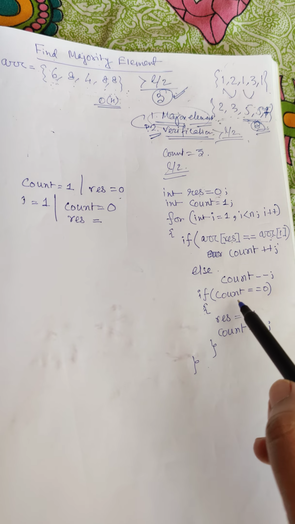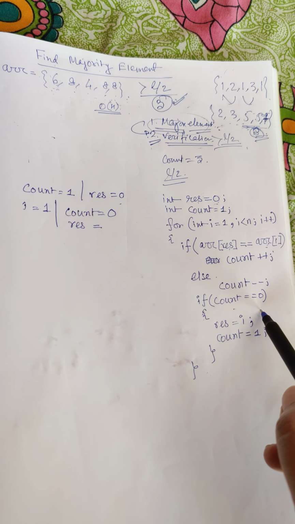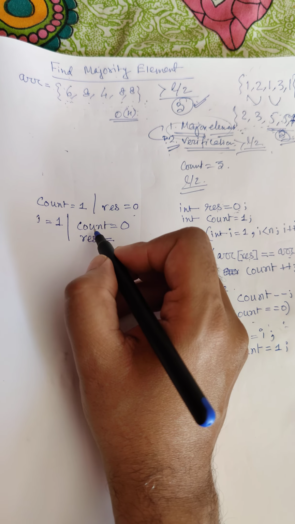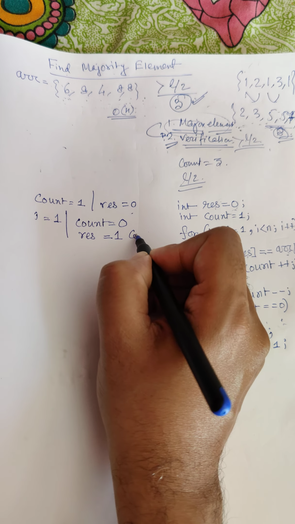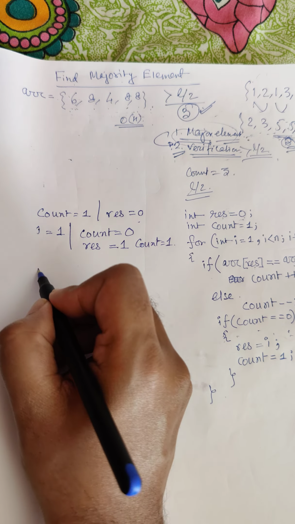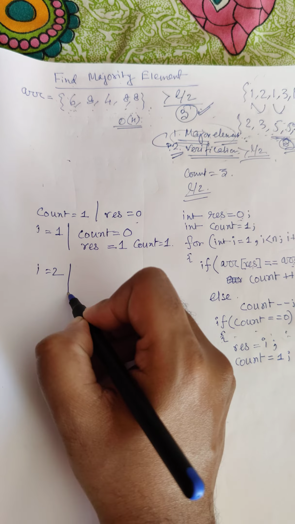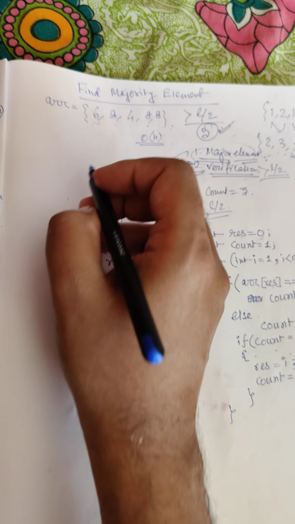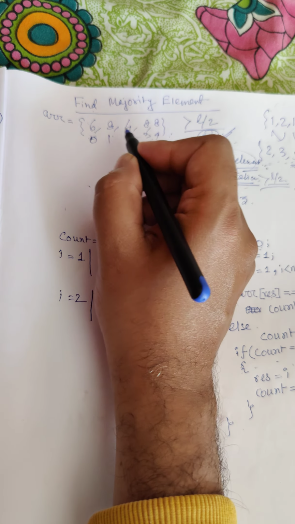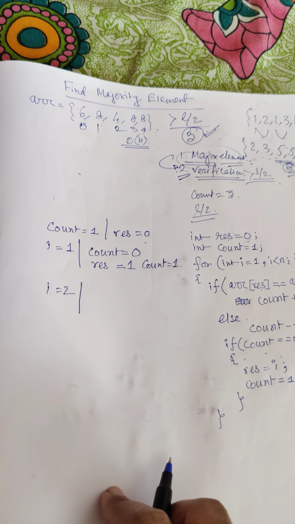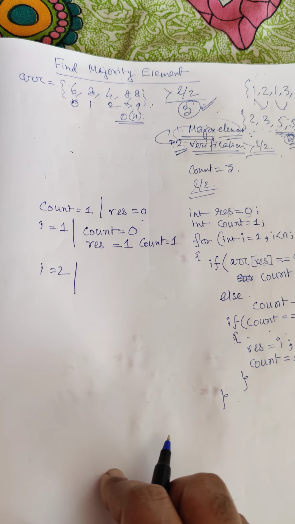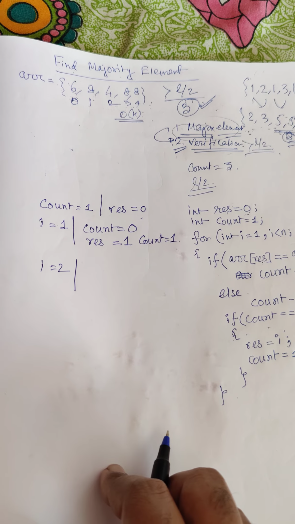Whenever we have count value 0, then the result will be 1 and count would also be 1. When I is equal to 2, the second case, so this is index 0, 1, 2, 3 and 4, we are comparing it with 8, right?